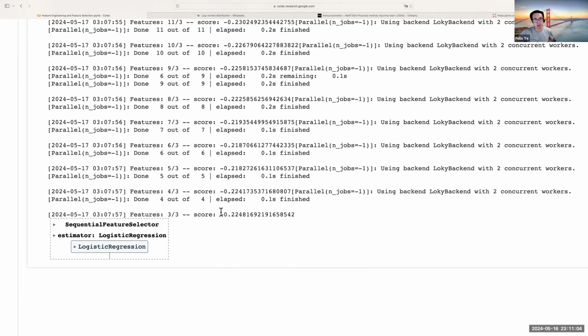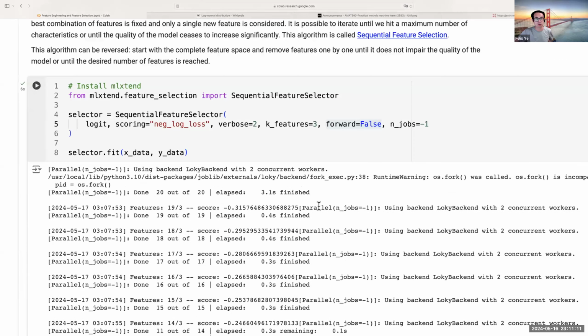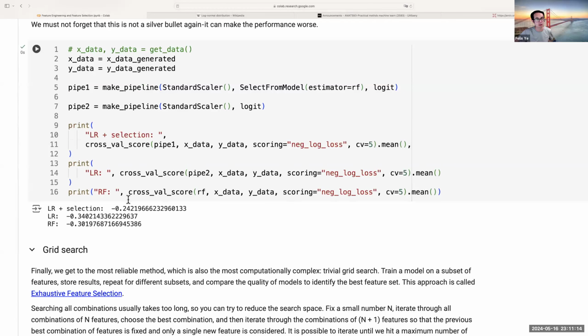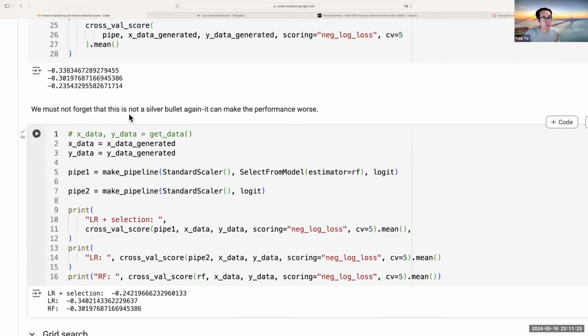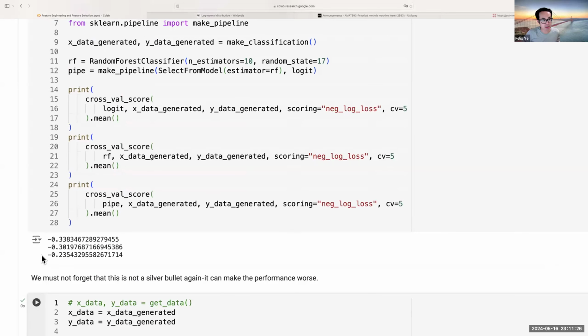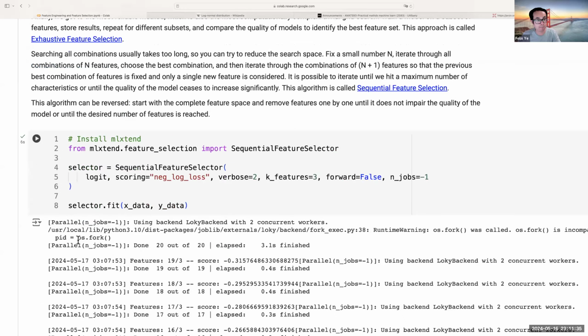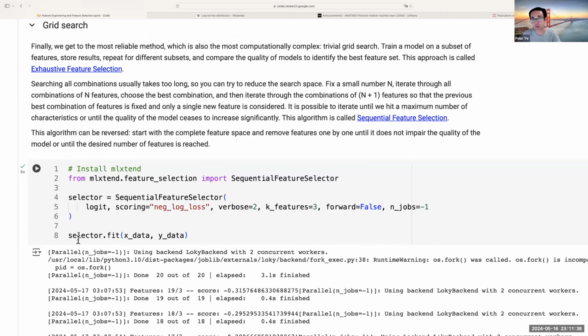With these best 3 features, the score that we get is minus 0.225, which is really good, right? Consider what we had before: with logistic regression plus a selection we got minus 0.242, and this one right here gave me minus 0.235. So the best is actually the sequential feature selection.